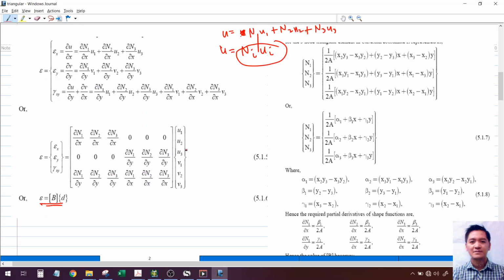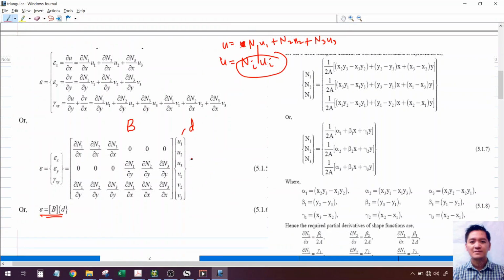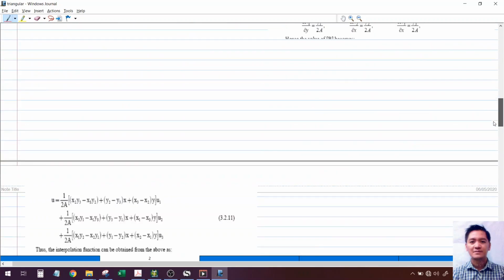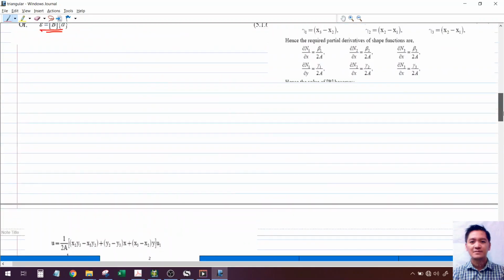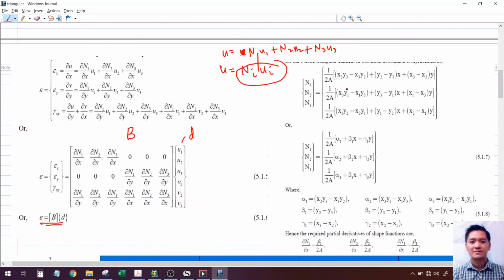Therefore, this is our D, which is the unknown displacements. This is our D. Therefore, this is our B matrix. Okay? Next, we know from here, from the previous topic earlier, this is our N matrix, no? So, dito siya ulit. Yeah, okay. And we know that the B matrix is this.